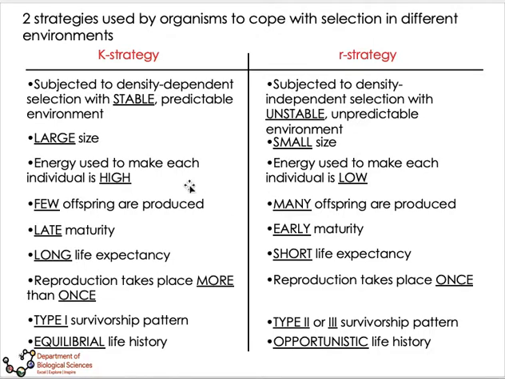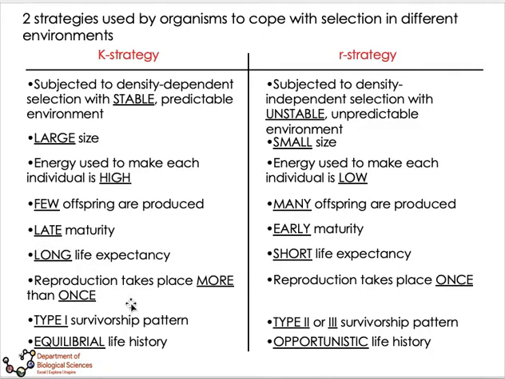Number of offsprings, K strategy, since they are in large size, maliliit lang. Ito naman, maliliit yung sizes, kaya marami silang napoproduce. In terms of maturity, late na sila, but in R strategy, early ang kanilang maturity. Shorter lifespan, yung R strategies, long naman ang K.